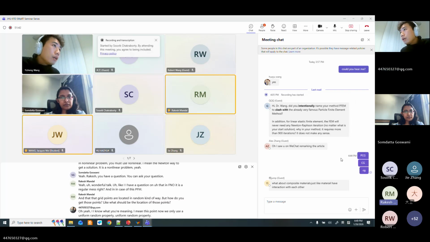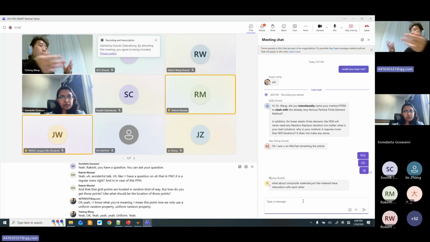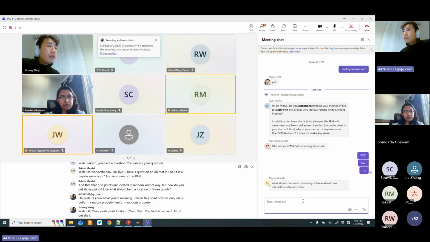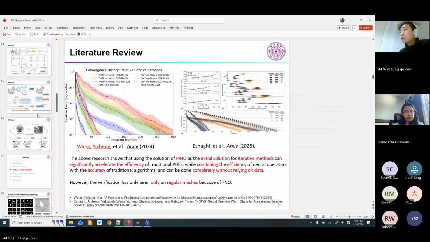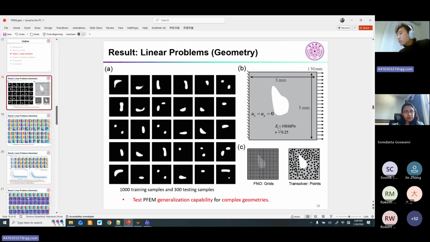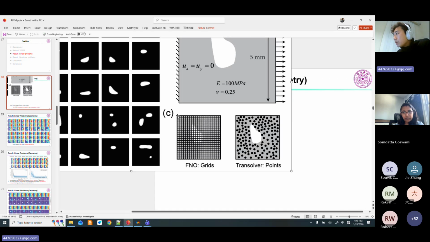Like in FNO, we must get a regular grid. For example, let me show you here. In this case, if you use FNO, you must use this way. The grid is regular, for example, this distance is the same as this length.